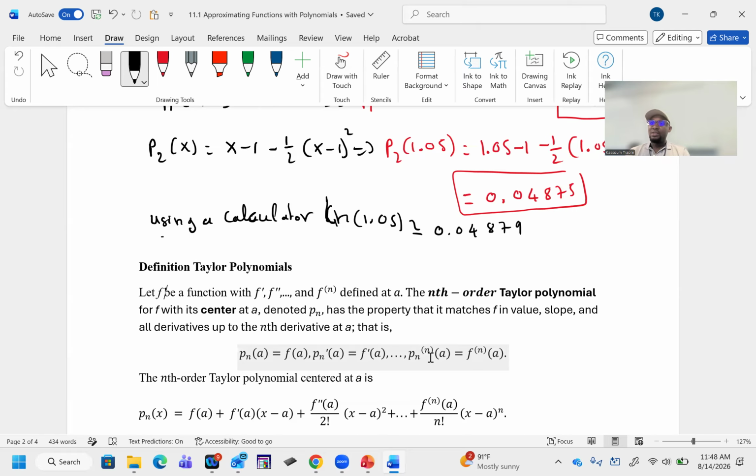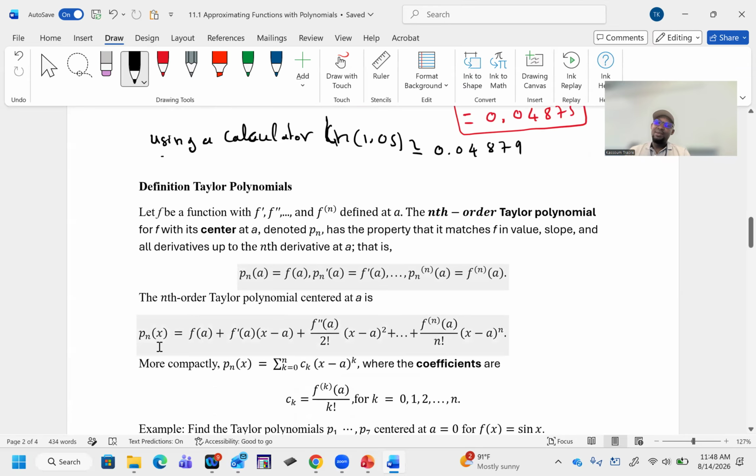The nth derivative of p sub n at a is equal to the nth derivative of f at a. The nth order Taylor polynomial centered at a is p sub n of x equal to f of a plus f prime of a times x minus a plus the second derivative of f of a divided by 2 factorial times x minus a squared plus, and so on until the nth derivative of f of a divided by n factorial times x minus a to the power of n.